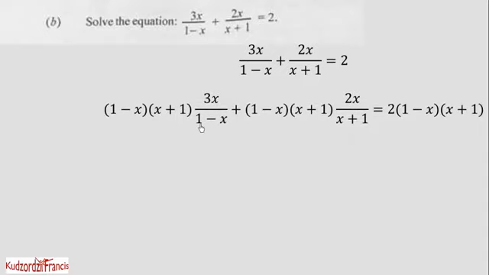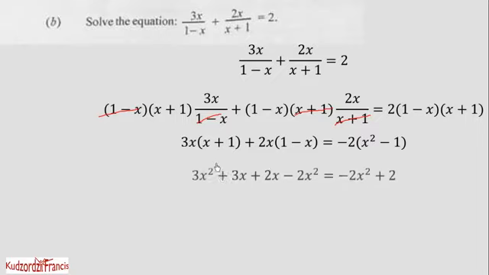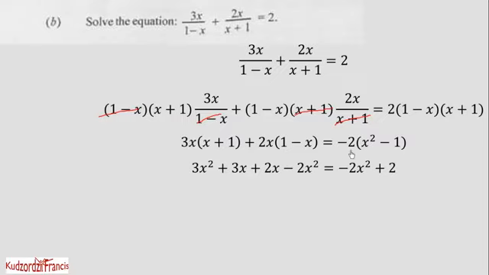So multiply through, then you cancel out. This will cancel this, then this will cancel this. Then we can now get this expression. Now the next thing we do is to expand. So when we expand, we get 3x squared plus 3x, then we have 2x minus 2x squared.